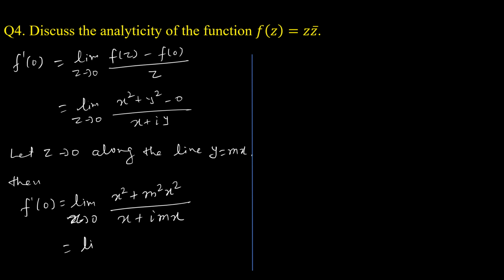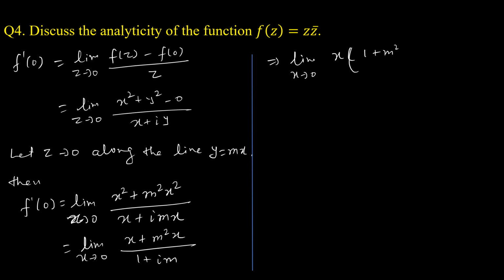So what we get here, limit x tends to 0, it will be x plus m square x upon 1 plus im. Or by taking the common x in the numerator, what we get, limit x tends to 0, x into 1 plus m square upon 1 plus im. So by putting the limit, this term is going to be 0.